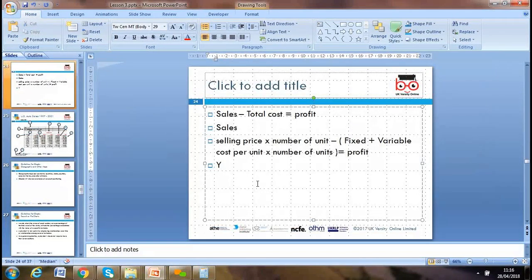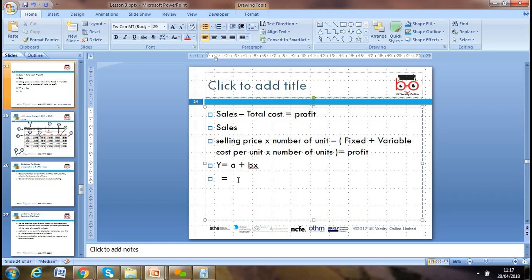Y equals A plus BX. Okay, that's the formula normally we use. Y is normally the thing we are going to calculate, the income or profit.